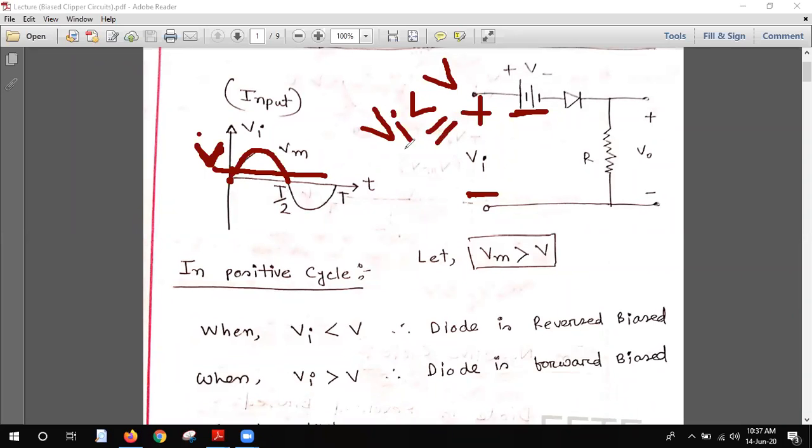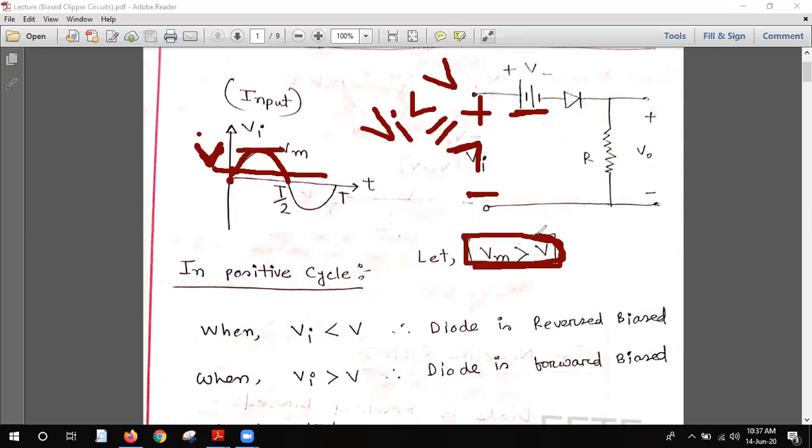After some time Vi will be greater than V. Okay, this is the peak value Vm, and definitely the peak value Vm is greater than the DC voltage V, definitely.